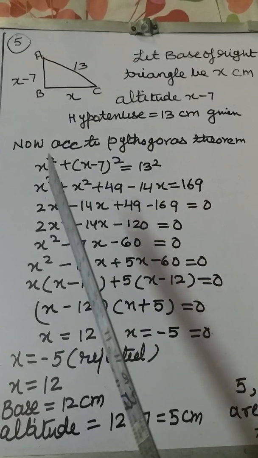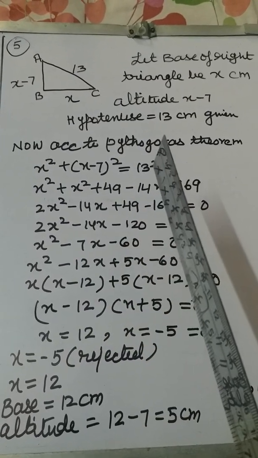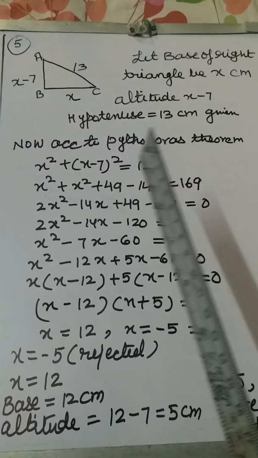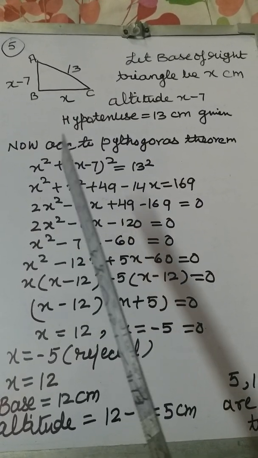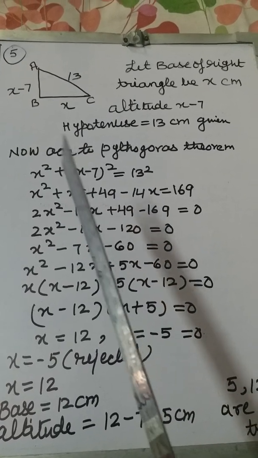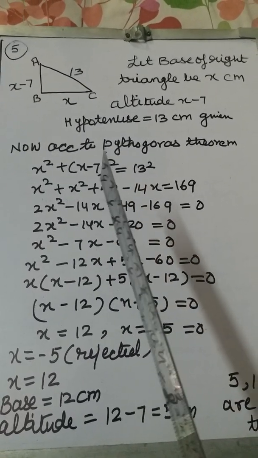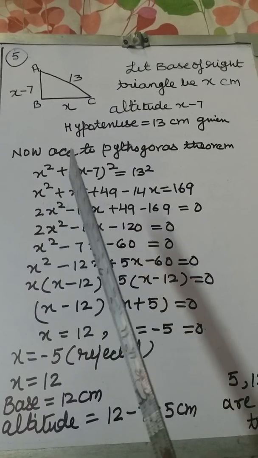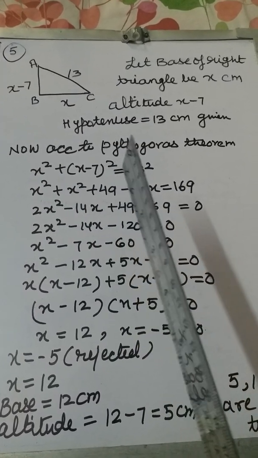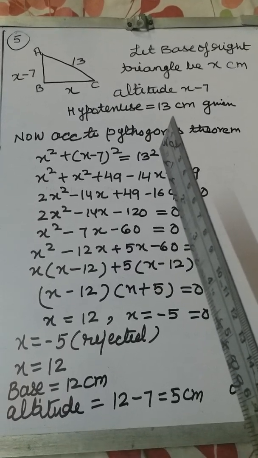Here the sum of the squares of two sides will be equal to the square of the third side. Here the first side or base we have taken x, and altitude we have taken x minus 7, will be equal to 13 square. So x square plus (x minus 7) whole square will be equal to 13 square.